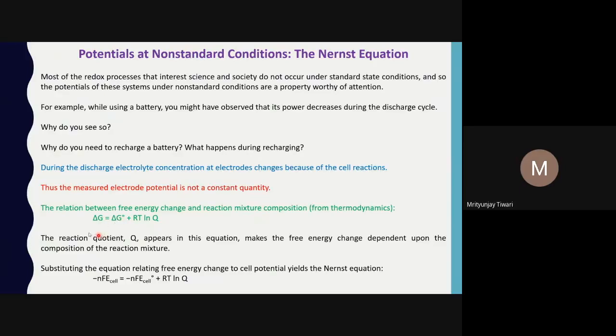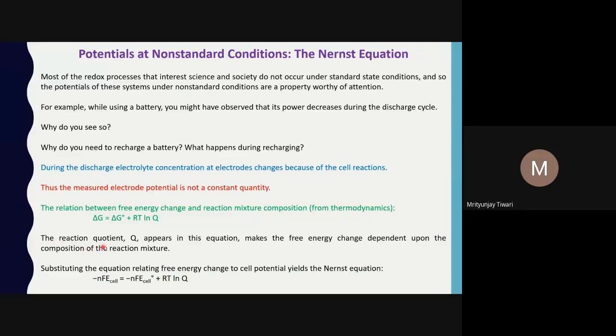So we can write delta G as minus nF E cell, and delta G naught as minus nF E naught cell, plus RT ln Q here.